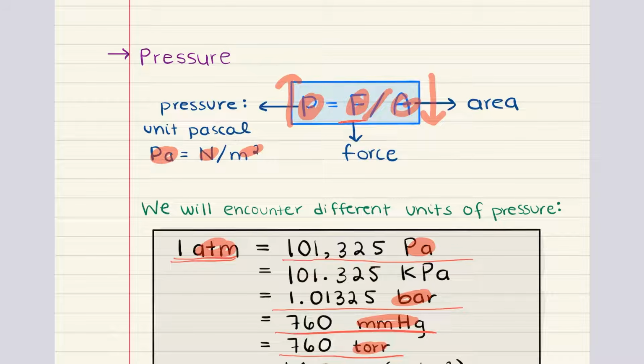Now, understanding pressure is going to be essential in explaining various phenomena. For example, in respiration, air flows in and out of our lungs due to differences in pressure. When the pressure inside our lungs is lower than the atmospheric pressure outside, air rushes in. On the other hand, when the pressure inside the lungs is higher, air is expelled. This is also important when we discuss weather systems.